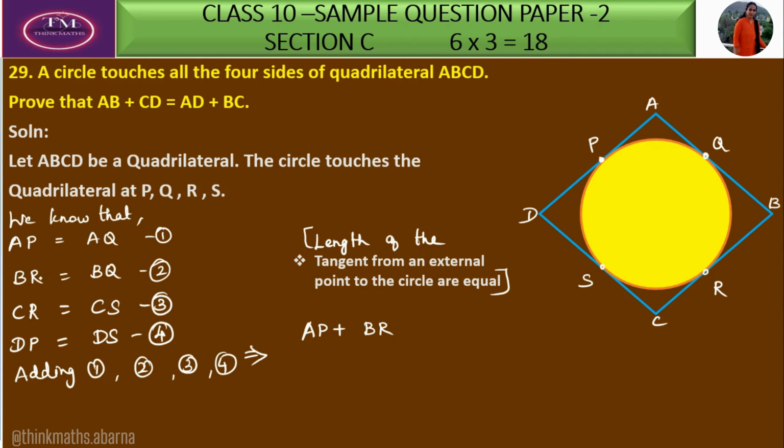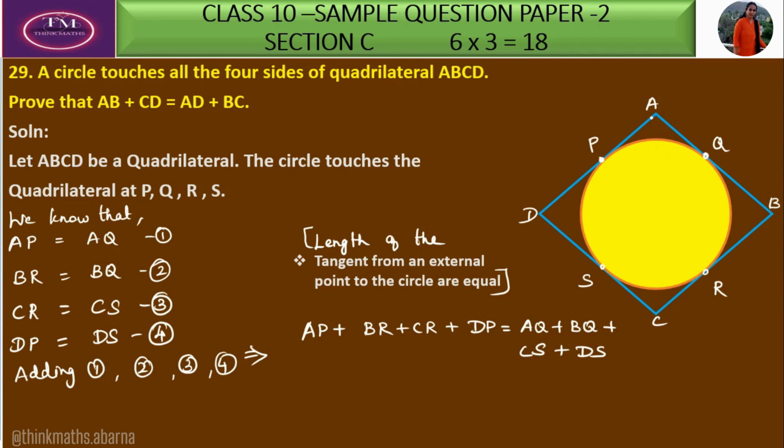Adding the left hand side, AP plus BR plus CR plus DP is equal to AQ plus BQ plus CS plus DS.